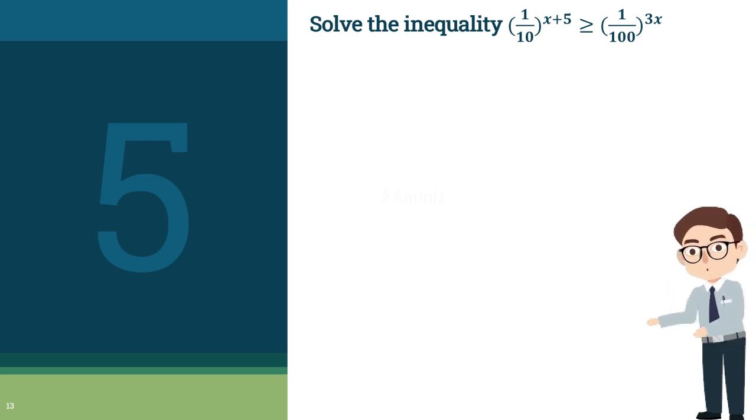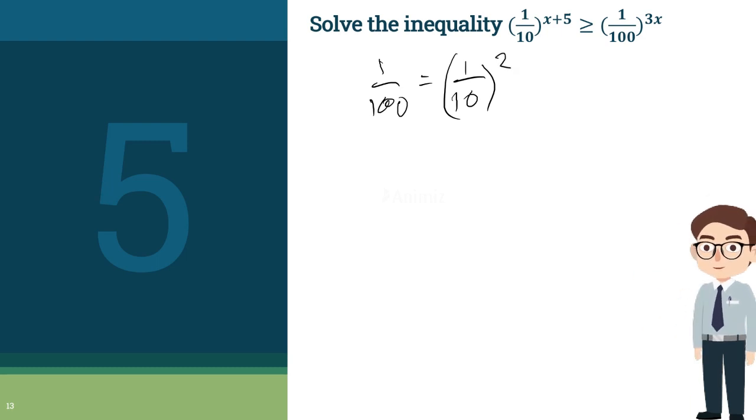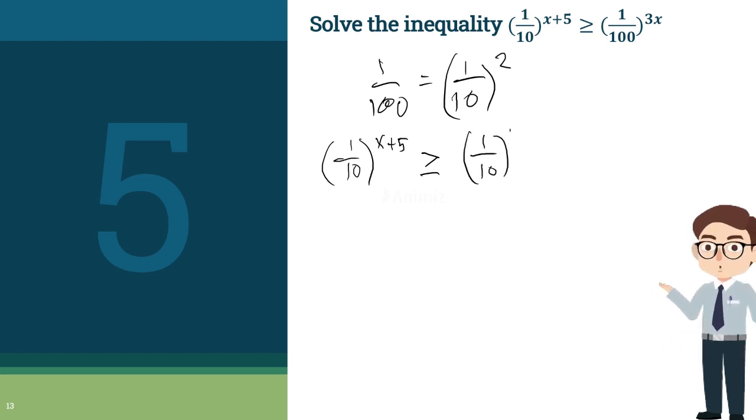Since 1 over 100 is equal to 1 all over 10 squared, then we will write both sides of the inequality with 1 over 10 as the base, and that is 1 all over 10 raised to x plus 5 is greater than or equal to 1 all over 10 squared raised to 3x.